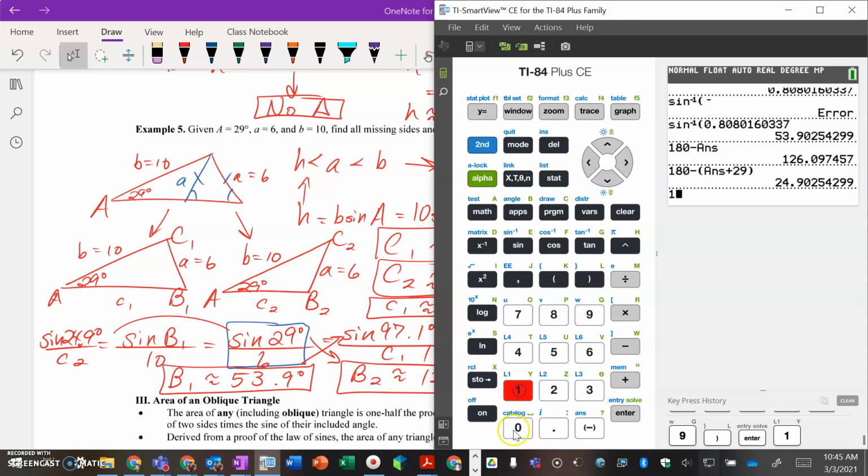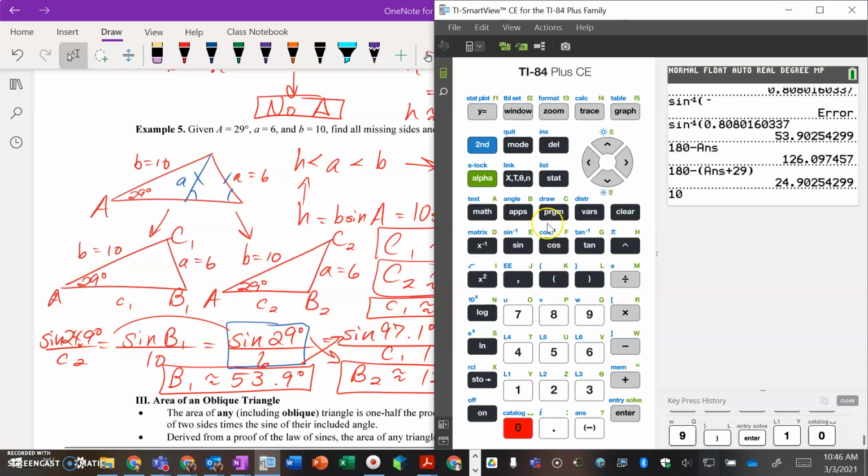So now when you cross multiply, I'm doing 10 sine 24.9, setting that equal to c sub 2 sine of b sub 1, or actually this would be a better ratio. You could use this knowing now b sub 1, but that would require you to go back to 53.9. Instead, I'm going to cross multiply with these ratios.